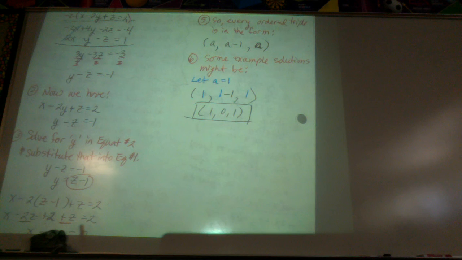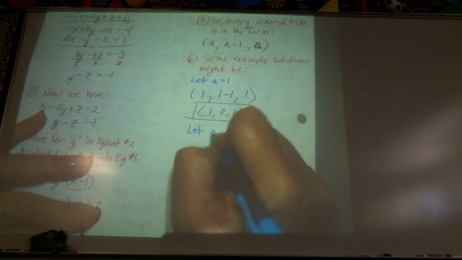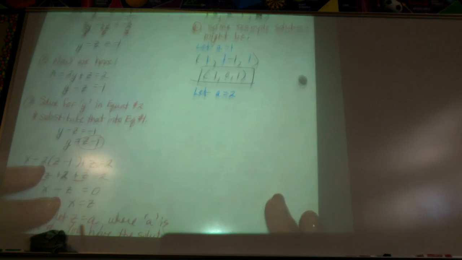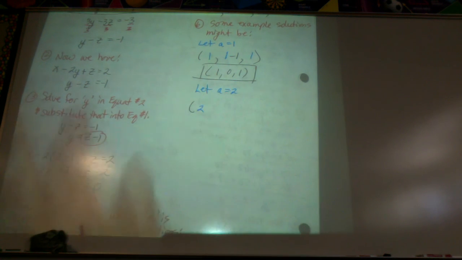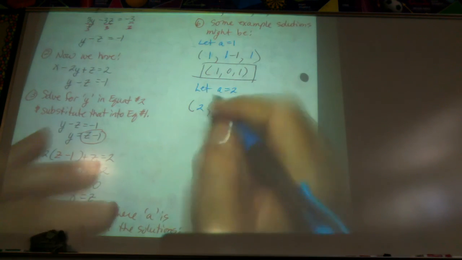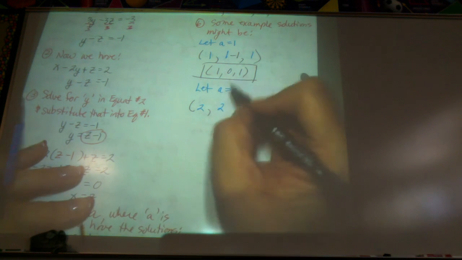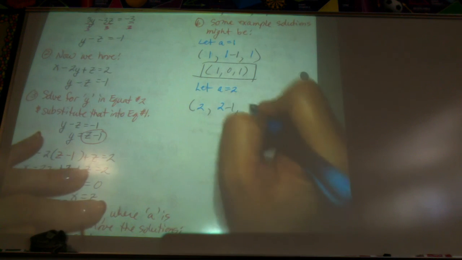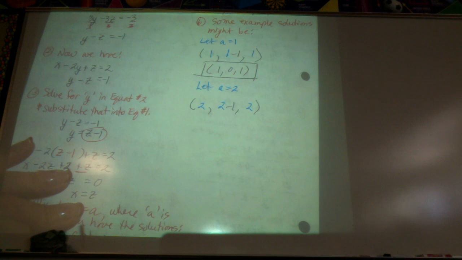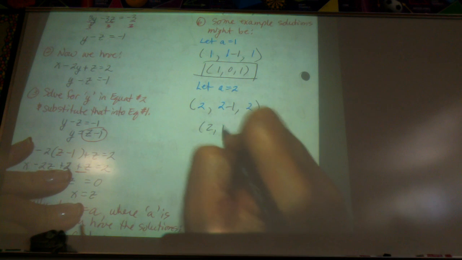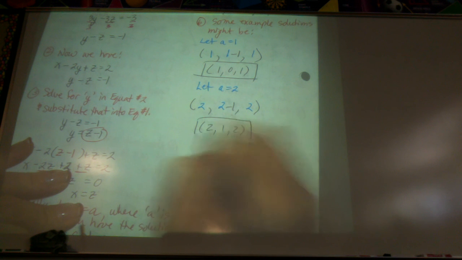But if I let a equal 2, right, we're going to have the pattern of 2, comma, 2 minus 1, comma, 2. All I did was replace the a's. So what's my little triple? 2, 1, 2.